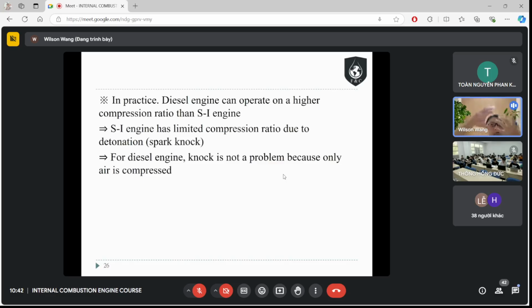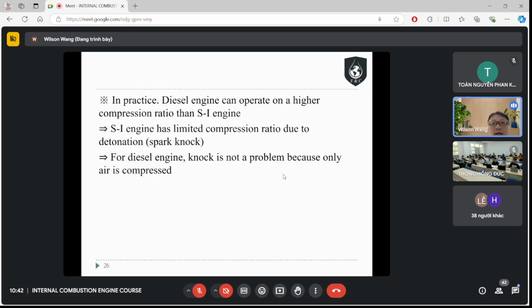So there could be two, three, four, five, many combustion waves.